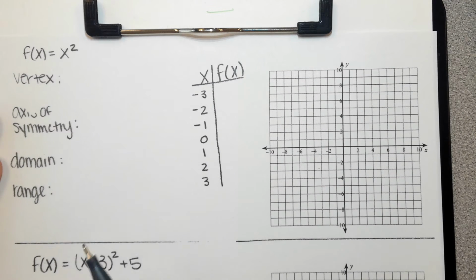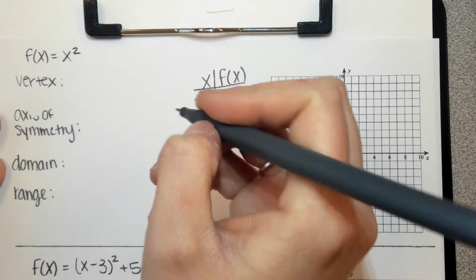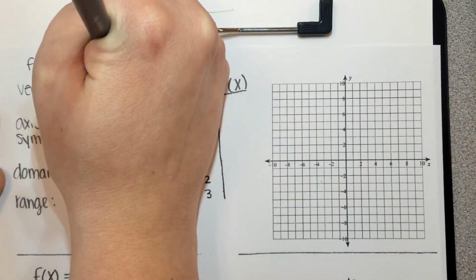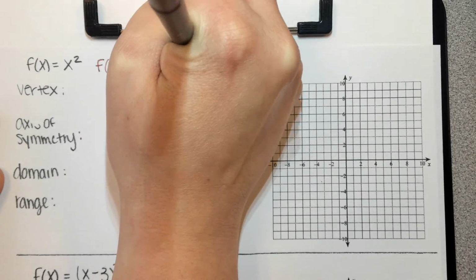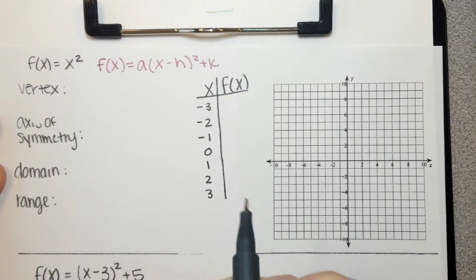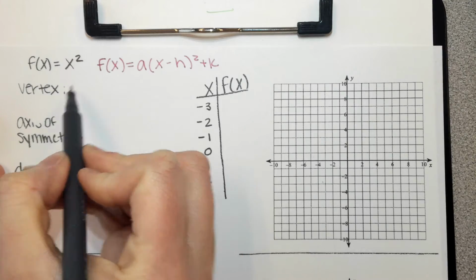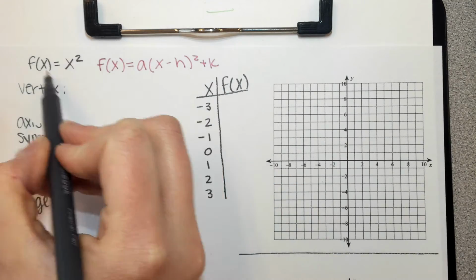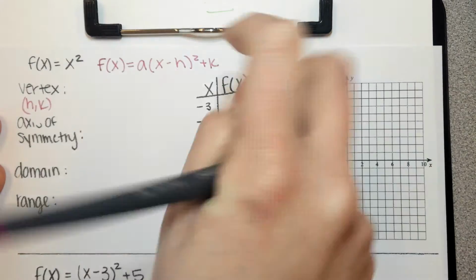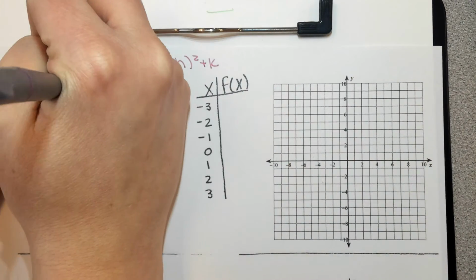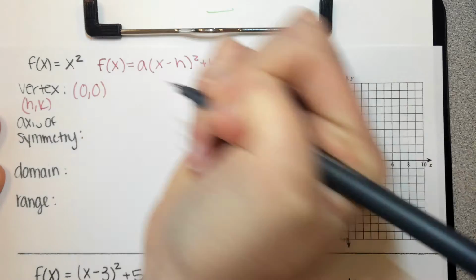So, looking at f of x equals x squared, we're using that vertex form, so a times the quantity x minus h squared plus k. Well, I don't see anything for h or k. There's nothing here. So remember, our vertex is h comma k. I don't see an h, I don't see a k, so my vertex is 0, 0.